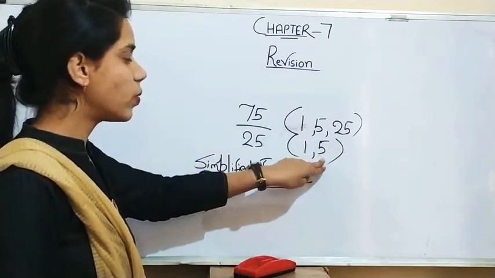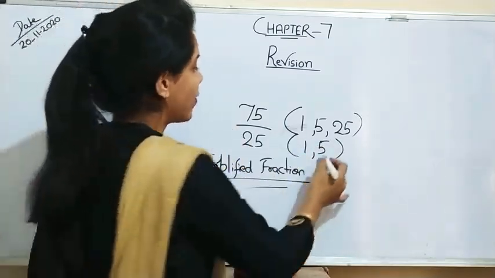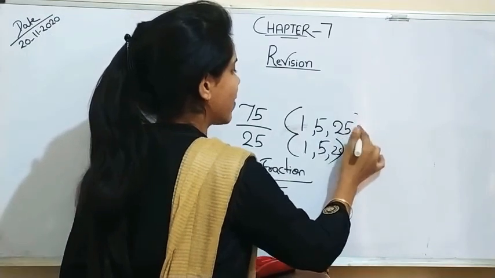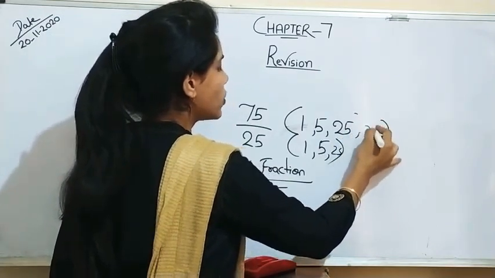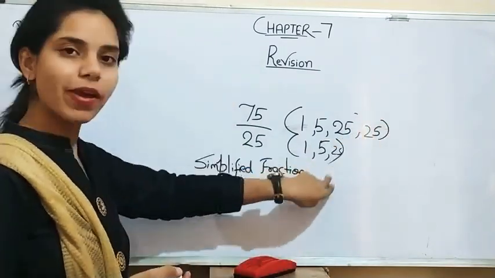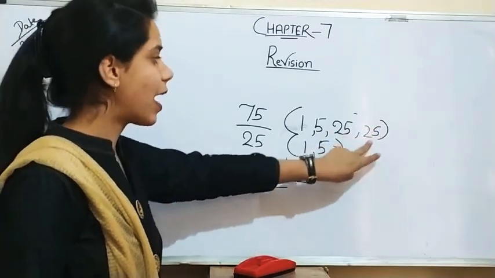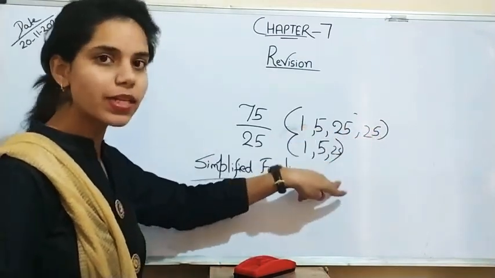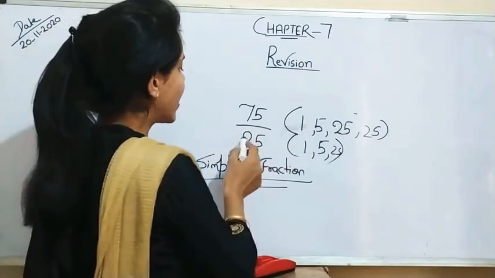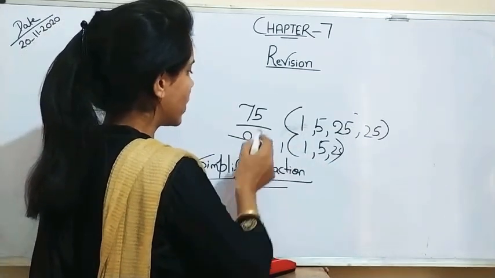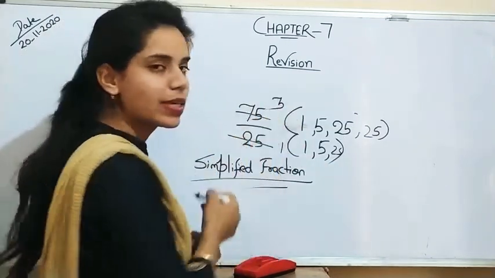So you can take 25 itself and here 75. So their HCF is 25 because 25 is the highest common factor for both numbers. So you can divide it by 25. 25 1s are 25, 25 3s are 75.